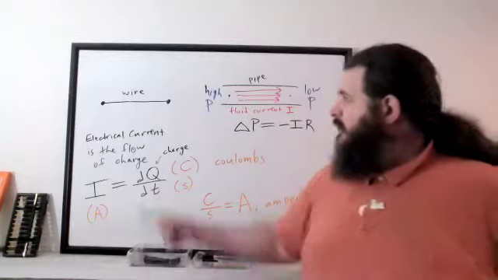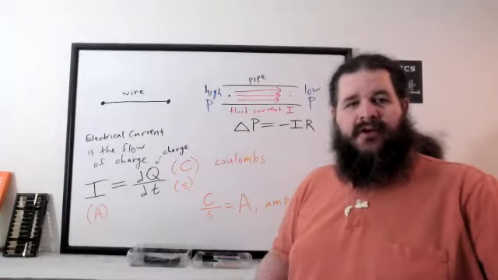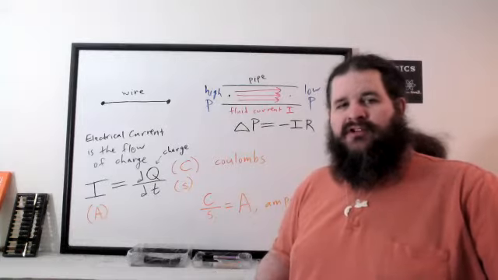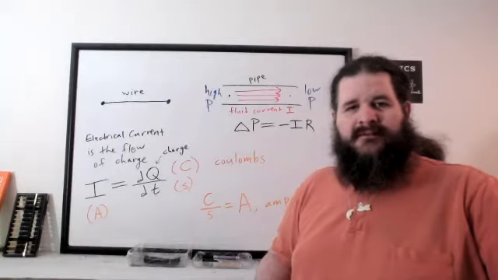We can set up something very similar here. Electrical current is going to flow from a high something zone to a low something zone, but pressure isn't really it anymore. What's the electrical version of pressure? What difference causes current to flow in a wire?